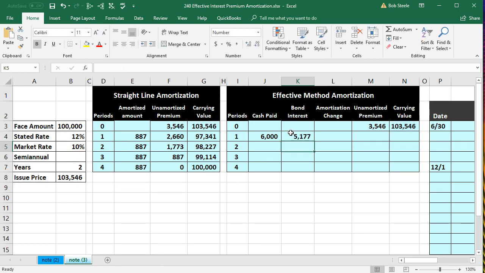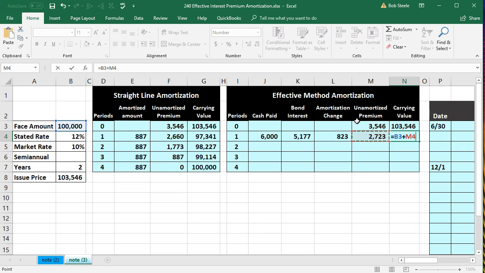So there's that. And then the difference between those two, the 6,000 minus the 5,177, is the amortization change. So the unamortized premium is what it was before minus that change. And then our carrying amount will always be equal to the face amount of 100,000 plus the unamortized premium.